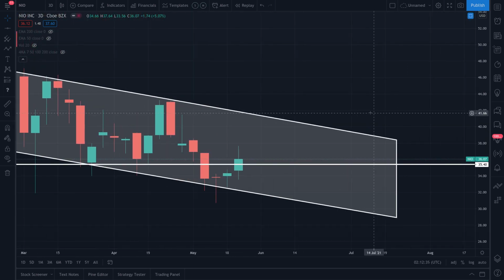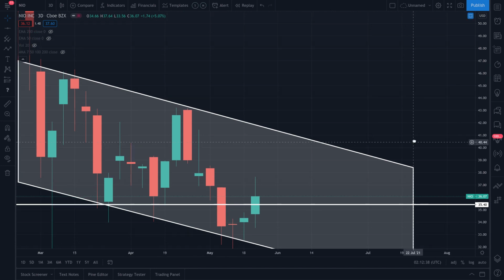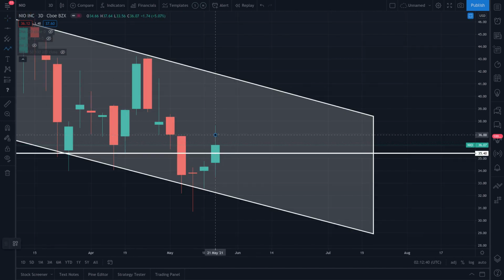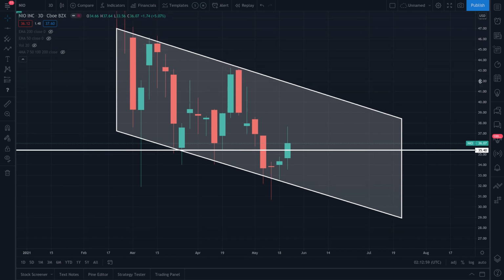If the sellers cannot push this price back below $35, then it's likely the path of least resistance is to the upside. Since the market is in an overall uptrend, the market will continue higher and potentially find resistance or break through the descending line within this potential pattern.